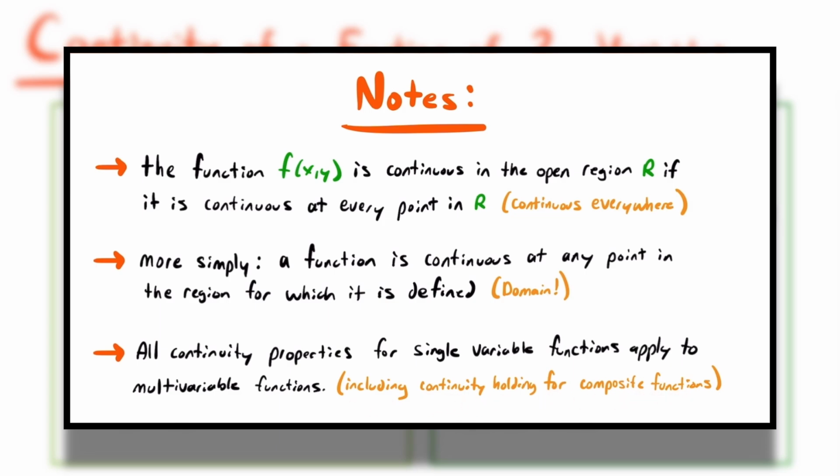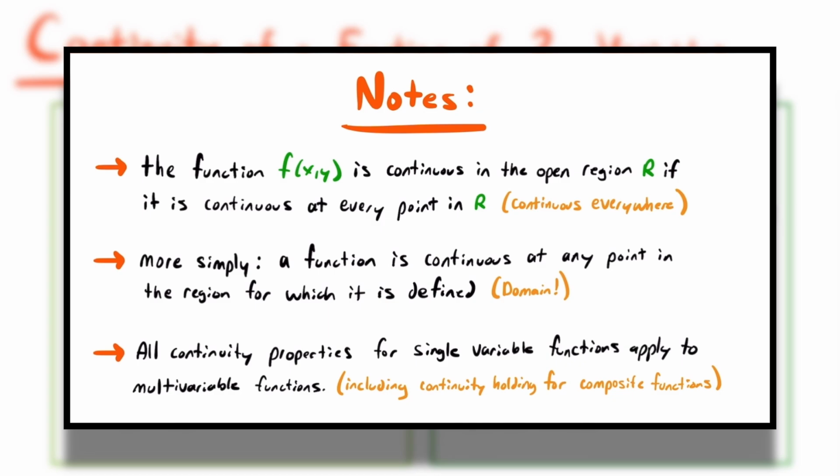All right, and I'll show you some examples of this in just a bit, but if you form a composite function where you're plugging a multivariable function into a single variable function, and both of them are continuous, then that composite function will also be continuous. All right, again, you'll see an example of that in just a little bit, but those are all the extra notes I wanted to cover regarding continuity of functions of two variables.